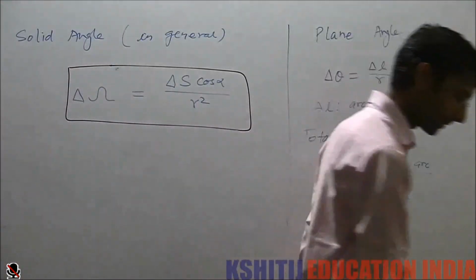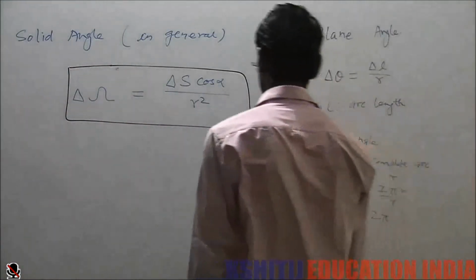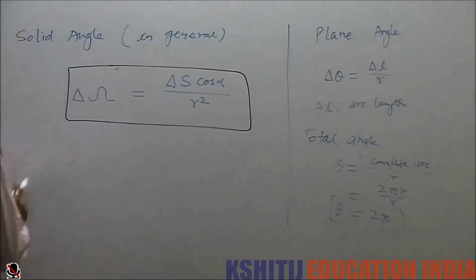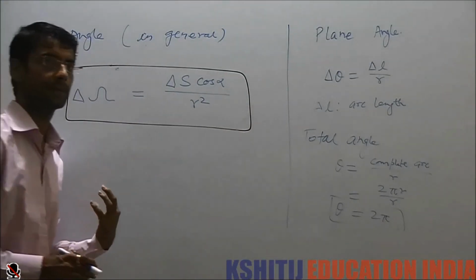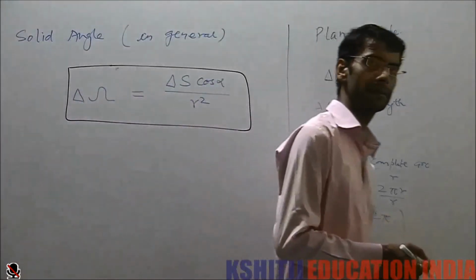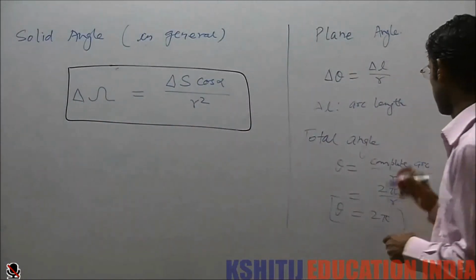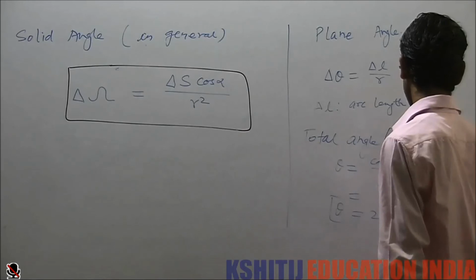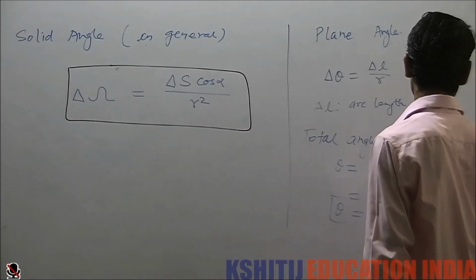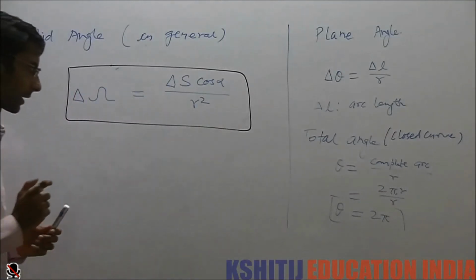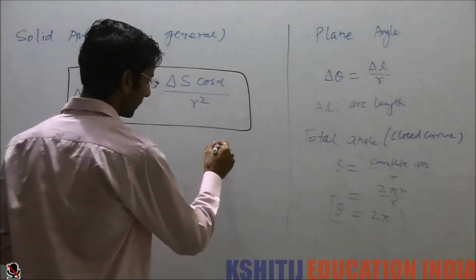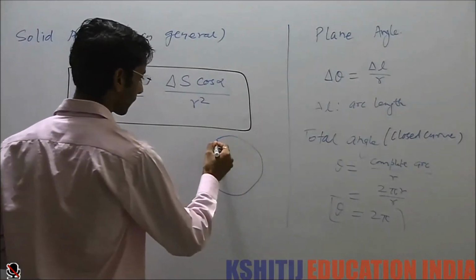Now let's talk about a similar thing regarding solid angle. What will be the solid angle that can be formed if the surface is closed? This was for a closed curve. Now let's consider this to be a surface.